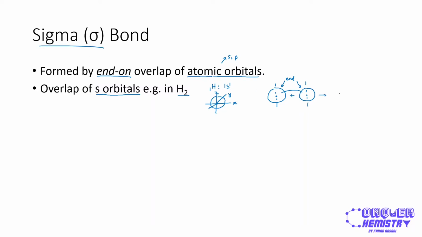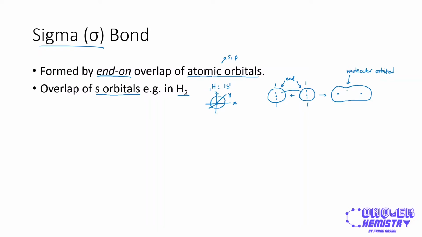So when I bring these two together, I get something that looks like this. The two ends of the s orbitals of the hydrogen atoms have overlapped to form this giant blob that is called a molecular orbital.